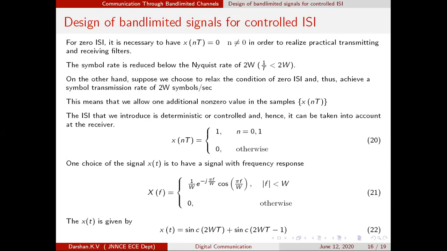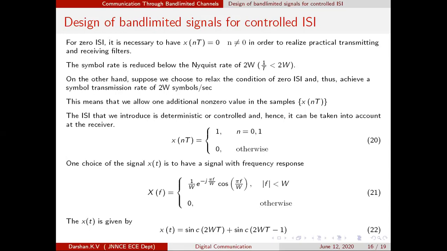Whenever you are working for 0 ISI, what are you observing? There was a reduction in the symbol rate. So what is the solution to have an appropriate or exact symbol rate? That would be discussed now.